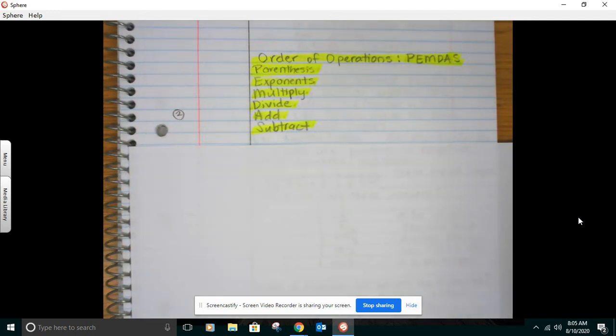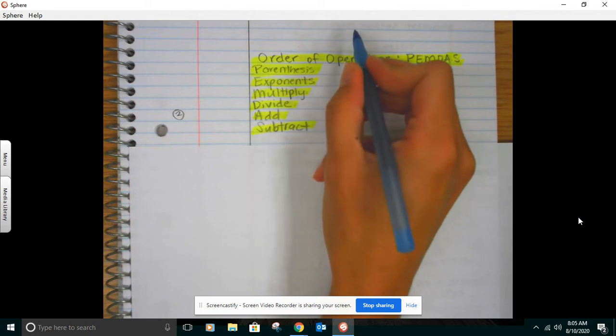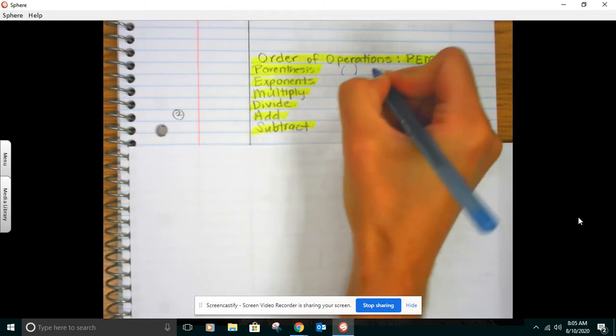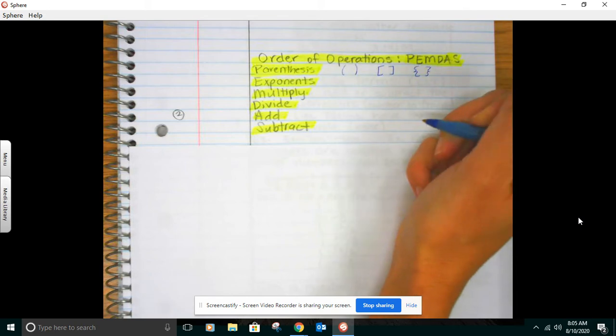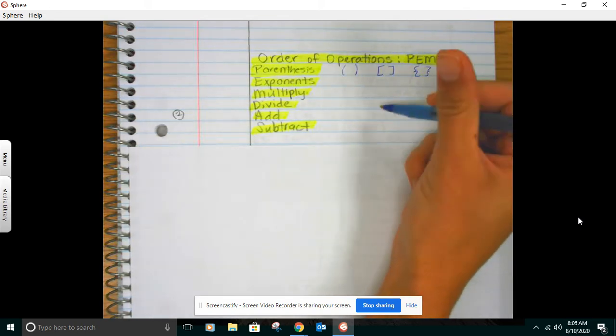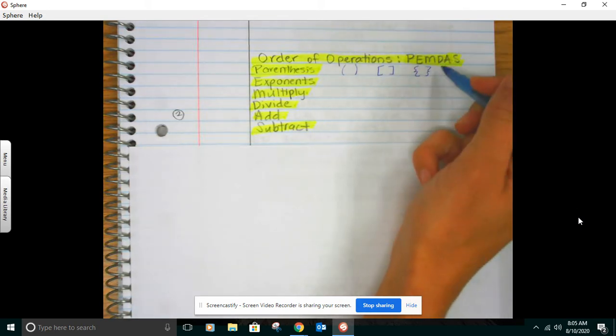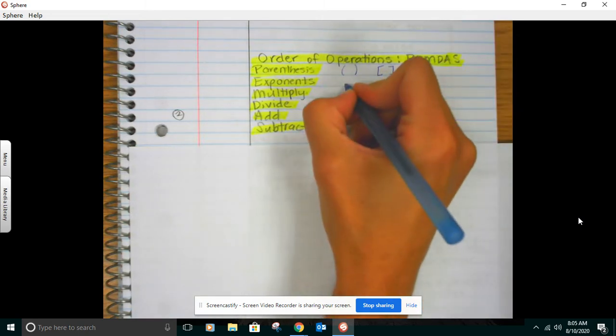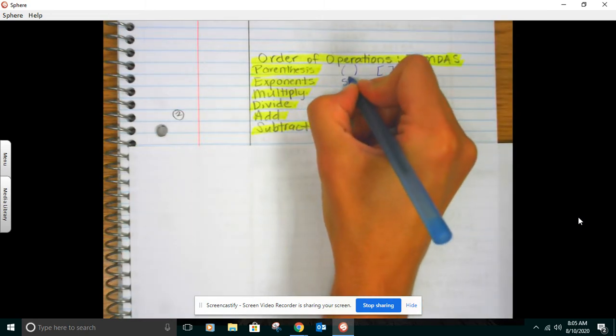We're going to go through order of operations in the problem from above. Parentheses usually look like that, but brackets and braces also count. They're just kind of telling you what to do first. Always do the innermost parentheses, and then work your way out. Exponents would be like if I have 5 to the second power. 5 to the second power means 5 times 5, 25.